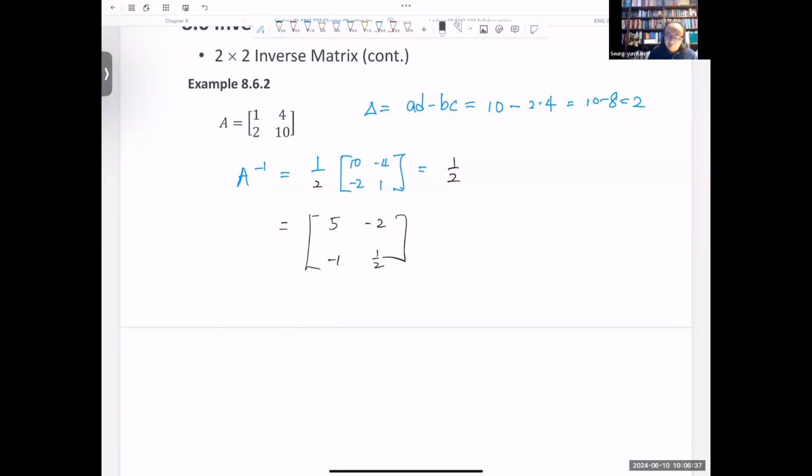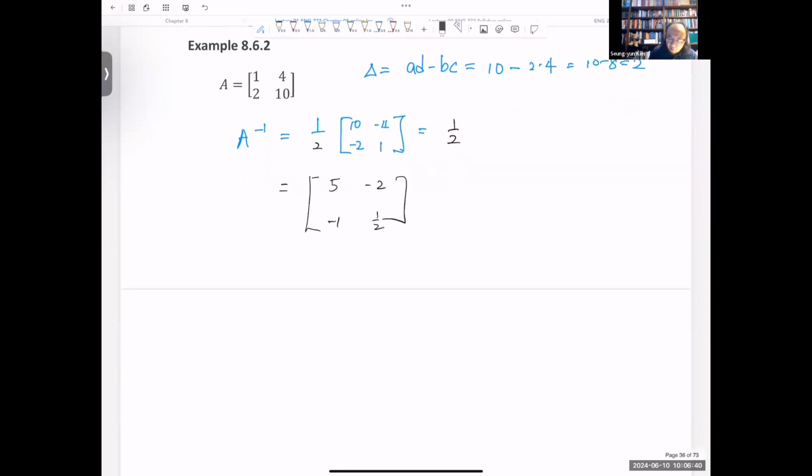One property of the inverse is that if we multiply A times A inverse, we always get the identity matrix. Let's find that out. A is 1, 2, 4, 10, and A inverse is 5, negative 2, negative 1, 1 over 2, and we multiply row by column, row by column.